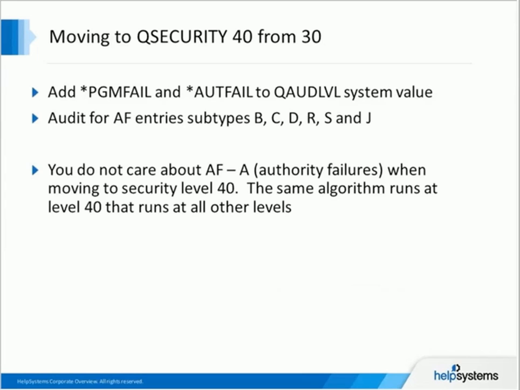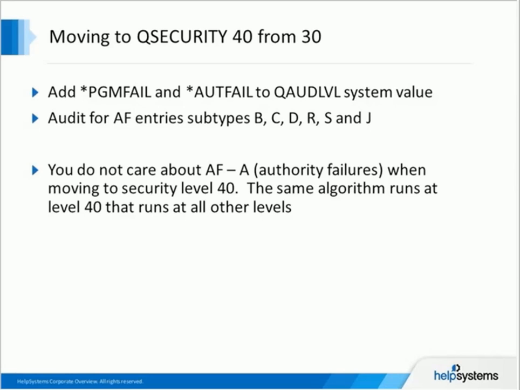To be able to know if you can successfully move to level 40 without any errors, you need to add program fail and authority fail to the QAUDLVL system value.